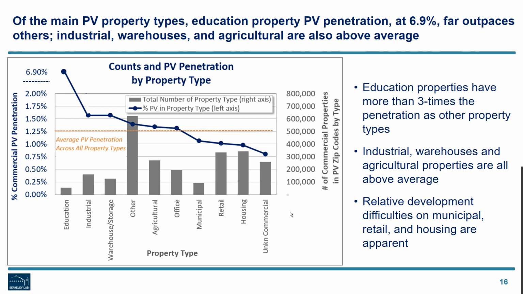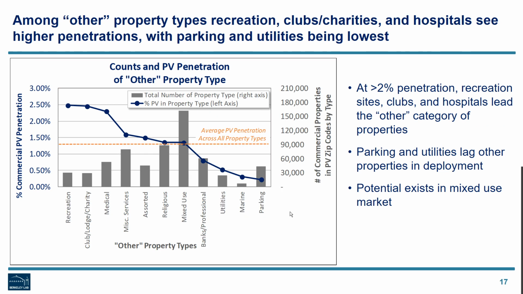So now to dig a bit further into other properties, those are listed here on the x-axis, and we can see relatively high penetrations for recreation properties, club lodge and charities, and medical. And medical means hospitals. What we mean by the recreation property includes golf courses, country clubs, and indoor and outdoor recreation facilities.